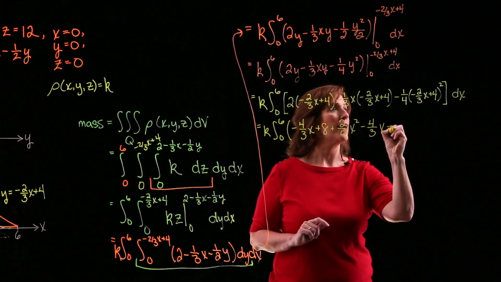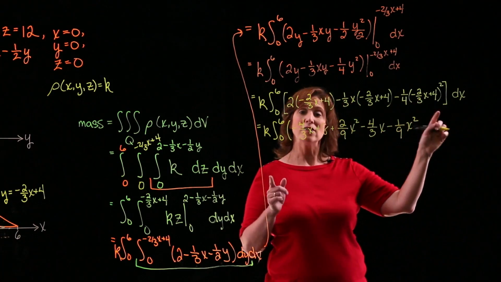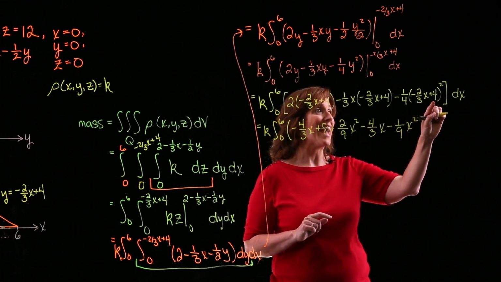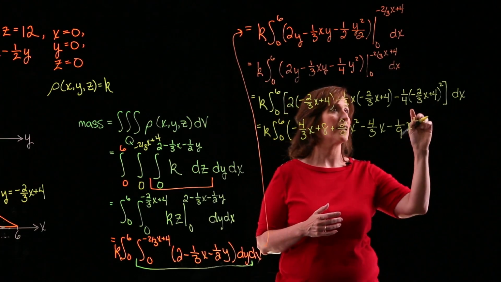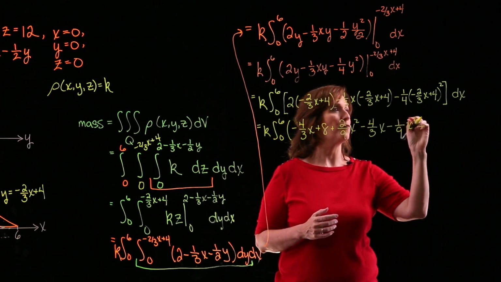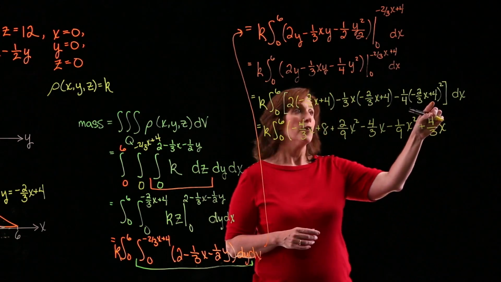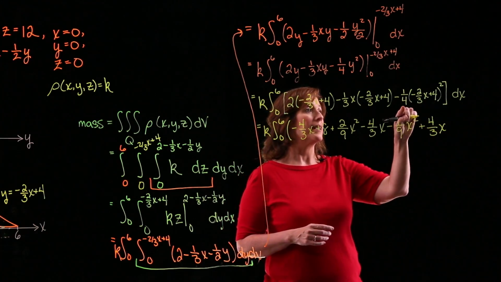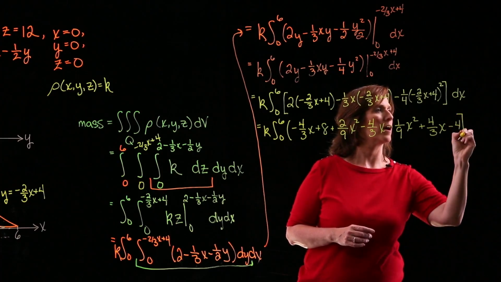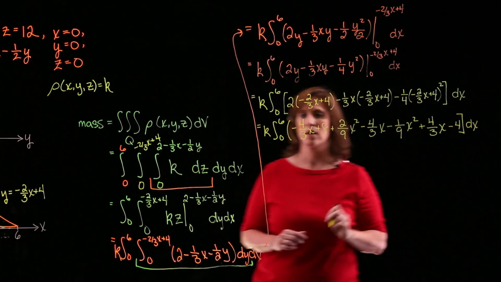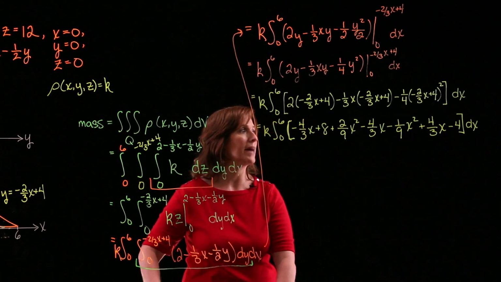The 4's will cancel, and I'll have a minus 1/9 x squared. The outside and the inside terms will both be a negative 8/3 x. So that gives me a negative 16/3 x, which, multiplying by 1/4, will give me a plus 4/3 x. 4 times 4 is 16, times 1/4 is 4, but remember that negative, so I'll have a minus 4 dx.